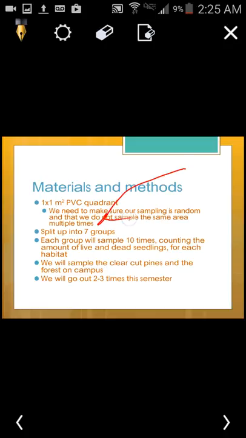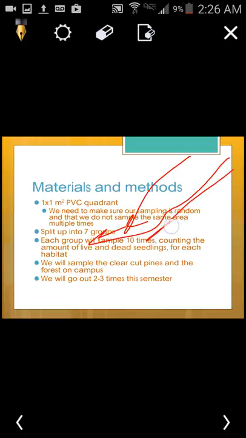We split into 7 groups. More like a group of like 80 people. Each group sampled 10 times, counting the amount of live and dead seedlings in our quadrant.